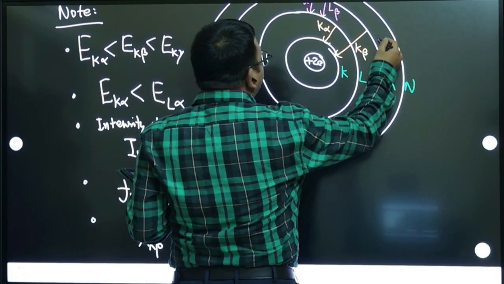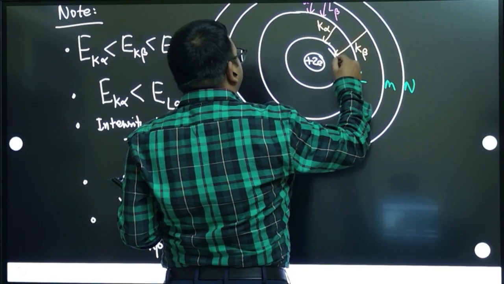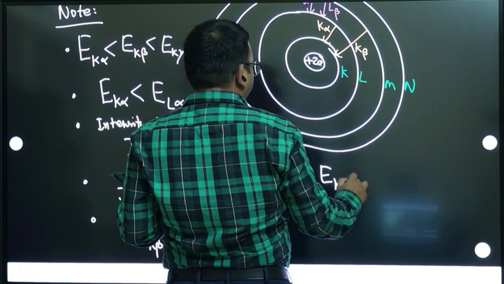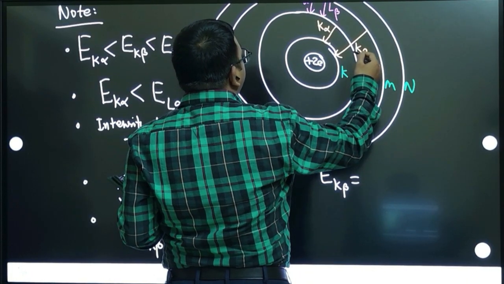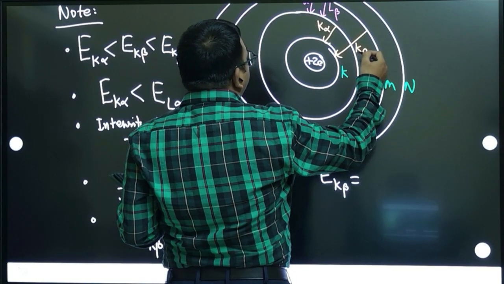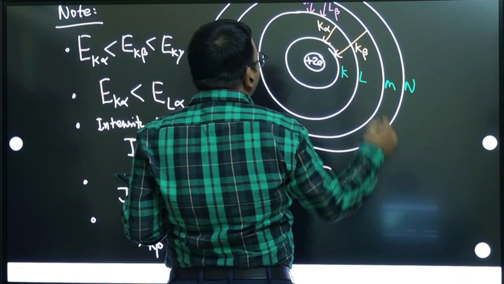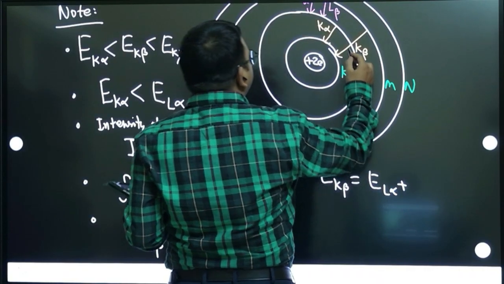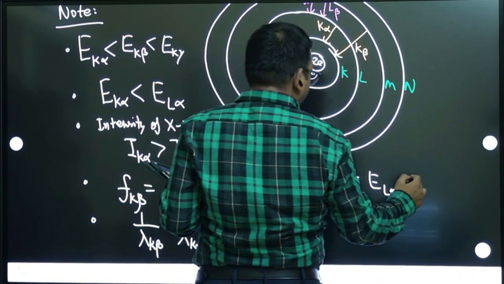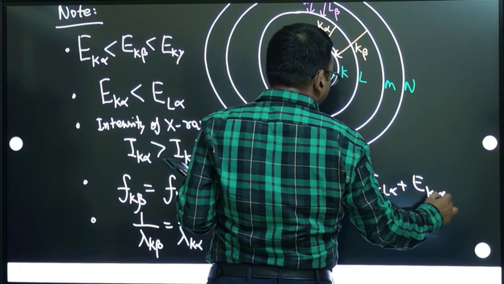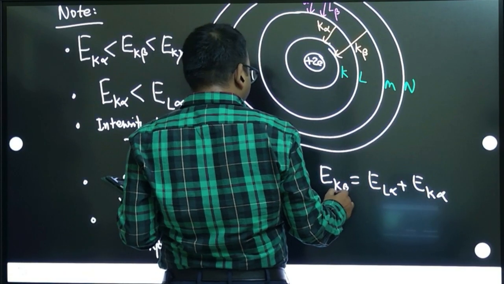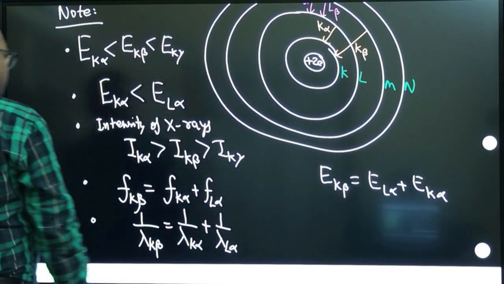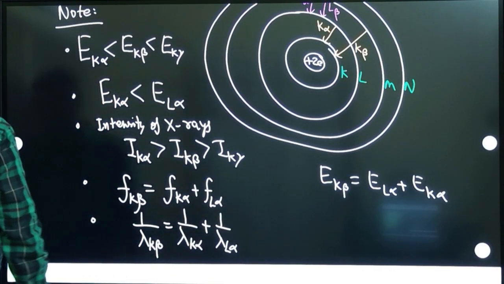K beta means M to K, so energy of K beta is the sum of M to L, which is energy of L alpha, plus L to K, which is energy of K alpha. Now I think you can understand. We can write this as h into frequency. h will get cancelled. That's how the frequency relationship is coming, and that's how the wavelength relationships are coming.